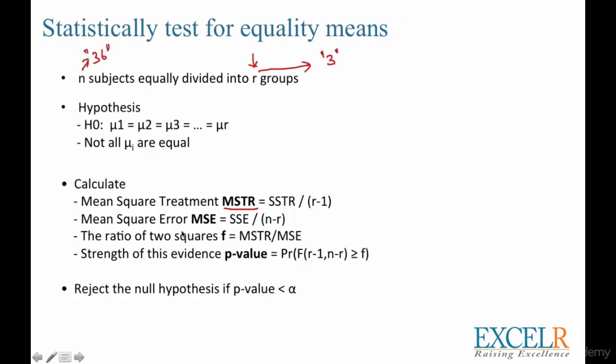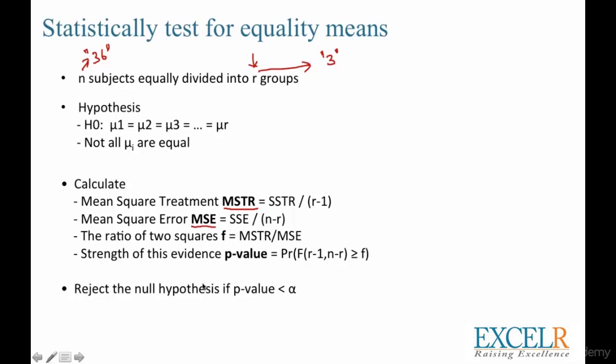All right. And if you want to normalize sum of square error, and if you do not want this to be influenced by the sample size, you need to divide it by n minus r, where n is subjects and r is the groups. And this will ensure that the mean square error is obtained, which is not influenced by your sample.